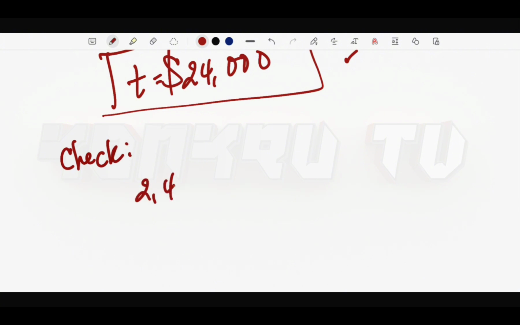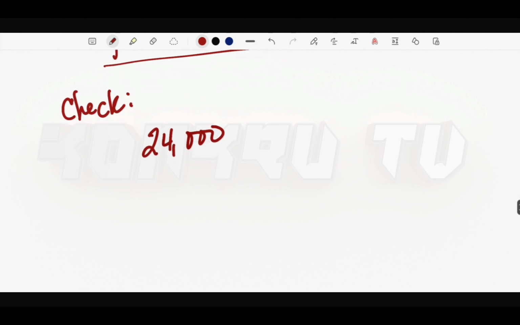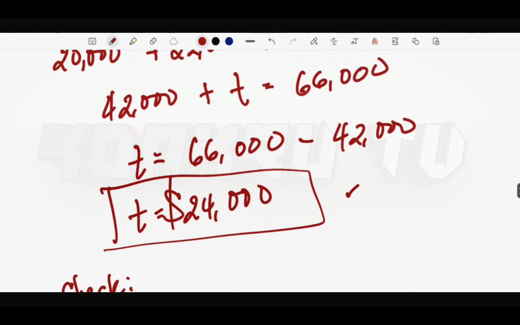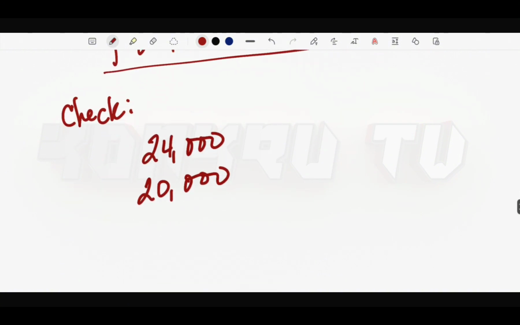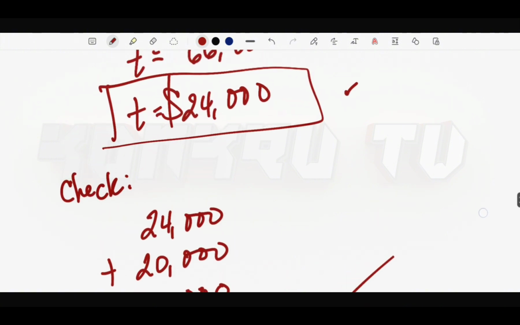So, meron tayong 24,000 plus 20 plus 22. Okay. 0, 0, 0. So, meron tayong 6 and 6. Okay. So, ibig sabihin, tama ang ating sagot.